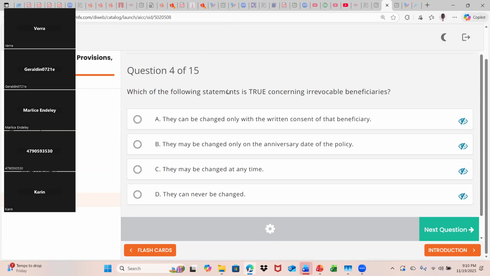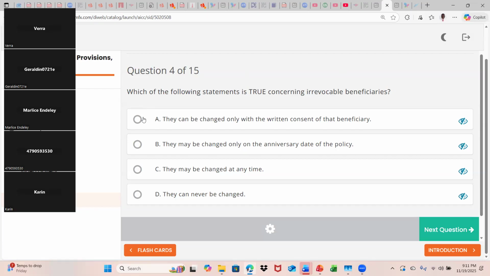No, we don't read the options out loud. We're silent. Everybody just reads the options, and then he who spots the right answer tells us. Somebody says they can never be changed. Any other answer? A.